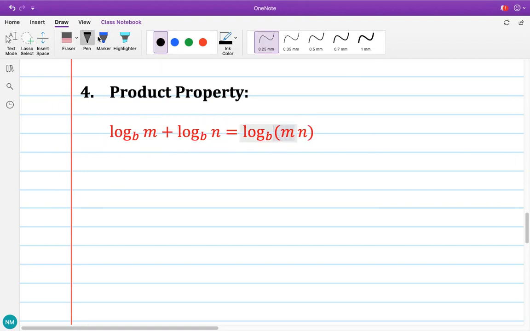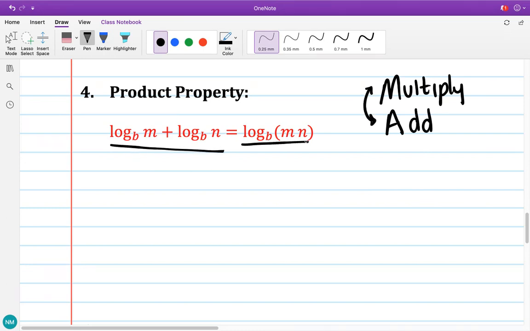So here is your MA of MADSEAM. When I multiply, I add. This is basically the opposite: when I add, I multiply. It is the same thing.